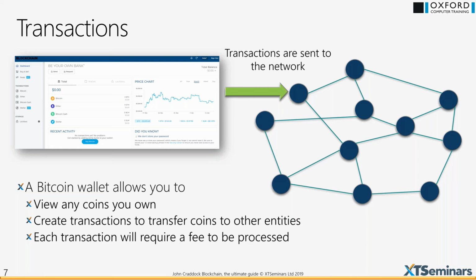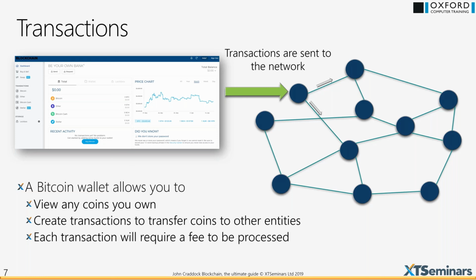But a wallet allows you to look at the coins you own and decide who to send those coins to. And when we do a transaction, we need to supply a small fee. If we don't fund it, it's unlikely that our transaction will get built into the overall blockchain ledger.